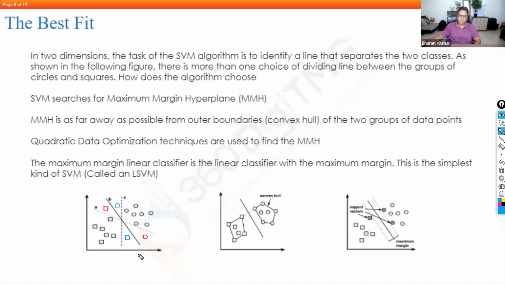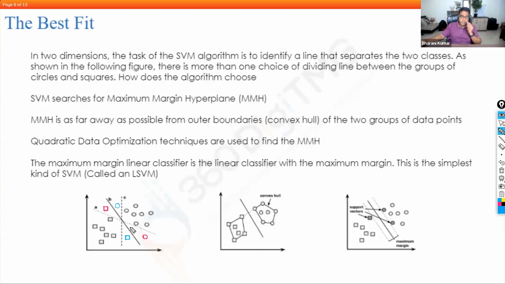So there is no misclassification here. The moment you have B, misclassifications are not there. But if you look at A or C, there will be misclassifications. So we need to come up with a classifier which gives you minimum misclassifications.